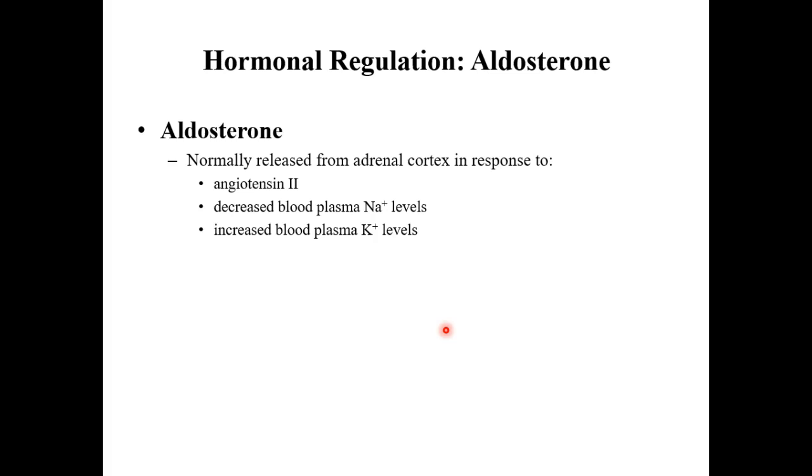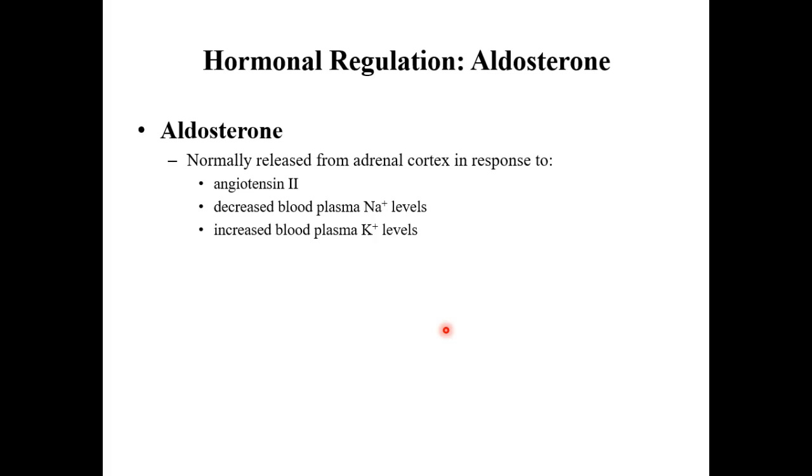If we decrease our sodium levels in our blood, we're able to bring more water from my cells back into my blood plasma to increase my blood volume and ultimately my blood pressure. The same thing goes with aldosterone if I increase my blood plasma potassium levels: ultimately, I'm able to reabsorb more water into my blood volume as well to increase my blood pressure.